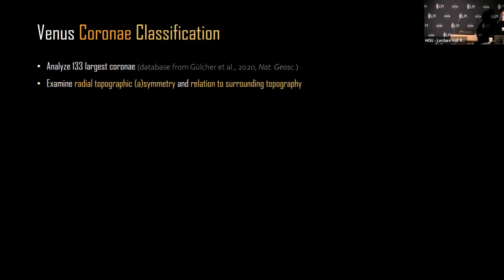So what we wanted to do is look at the same coronae that were analyzed in our previous paper, which are basically the largest coronae that are present. We reanalyzed them a little bit in terms of their topographic profile and their situation in the region, like what the topography is around them. So it's going to be a lot of next slides. I'm sorry. So you can go next slide.